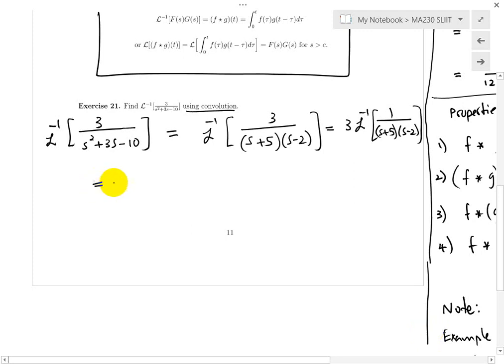So this 3 will stay outside. Now if you look at these two functions, 1 over s plus 5 and 1 over s minus 2, you should see by this time these are Laplace transforms of some known functions.